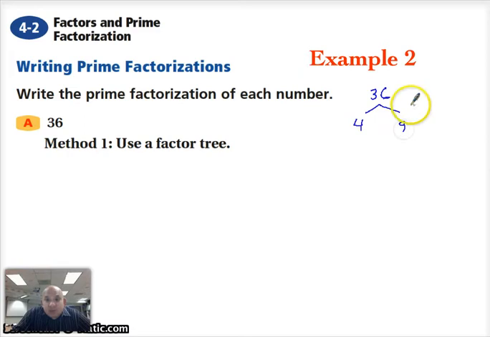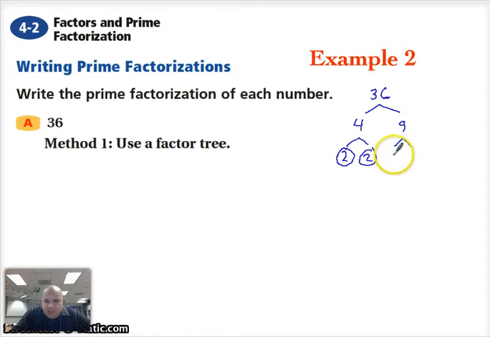4 times 9 we know is 36. As I go along picking other factors and adding other branches, I'm going to try to get to prime numbers. Do I have prime numbers that when multiplied together combine to get 4? Yep, absolutely. 2 times 2. Are they both prime numbers? Absolutely. I'm going to go ahead and circle them. Don't need to have any other branches off of those numbers.